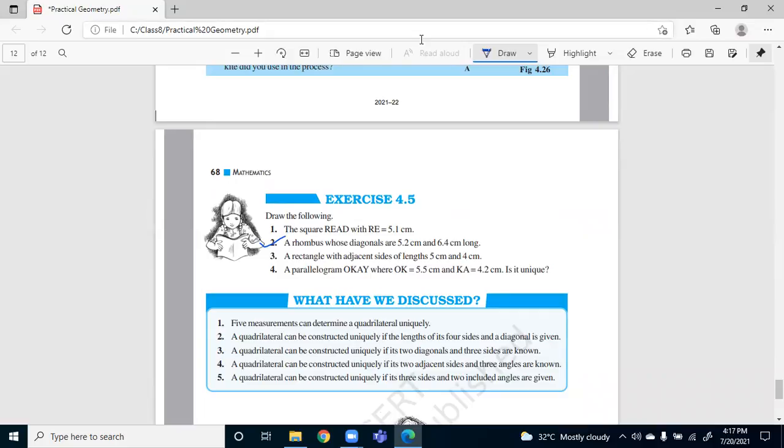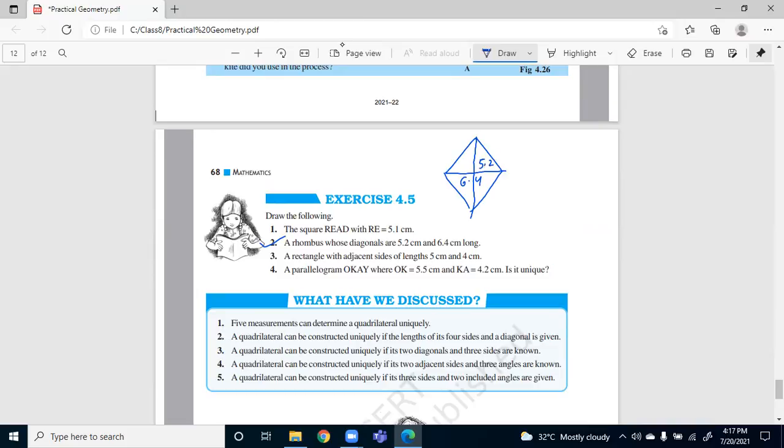So everyone please pay attention to question number 2. Firstly, we will be making the rough diagram. A rhombus whose diagonals, this is a rhombus and whose diagonals are 5.2 and 6.4. These are the two diagonals of the rhombus.